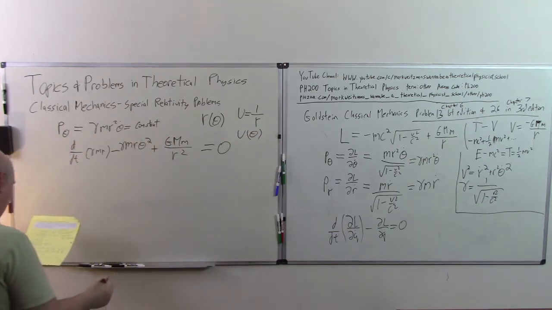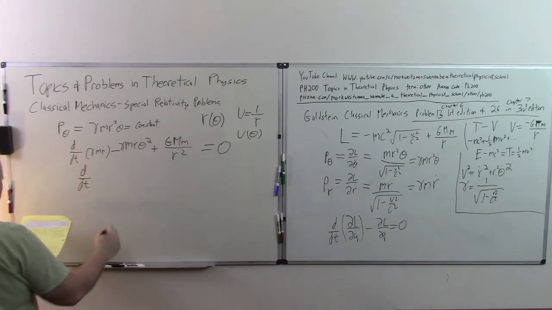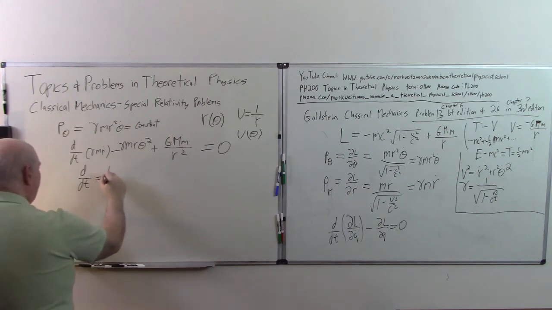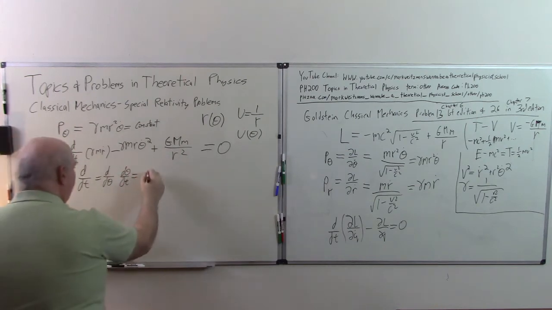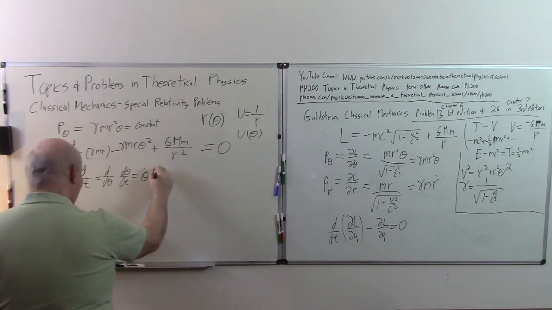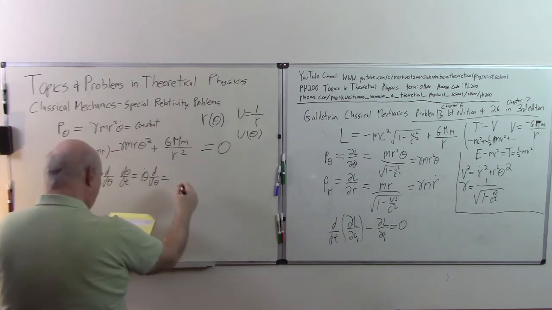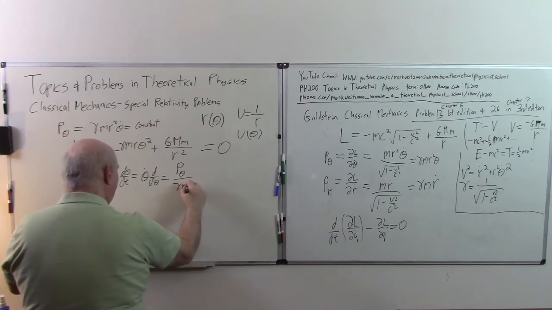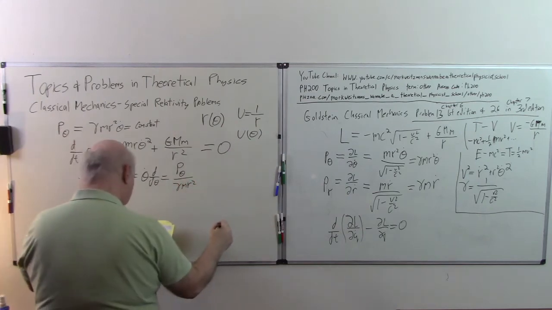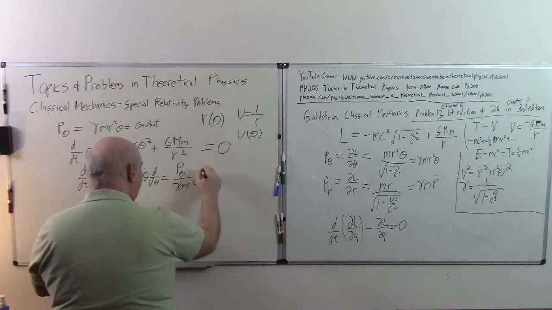So we just use the basic chain rule in calculus: d/dt equals d theta/dt times d/d theta, which is theta dot d/d theta, and now we substitute from here, equal to p theta over gamma m r squared d/d theta.